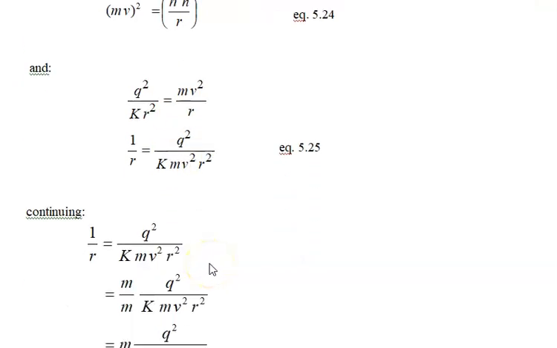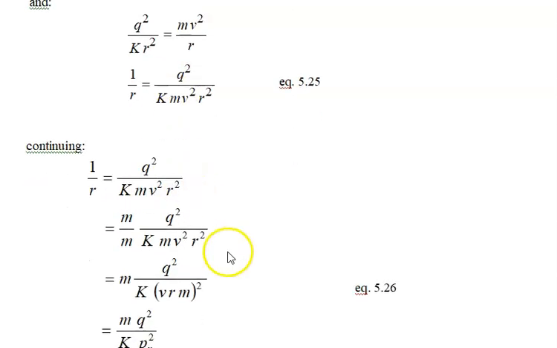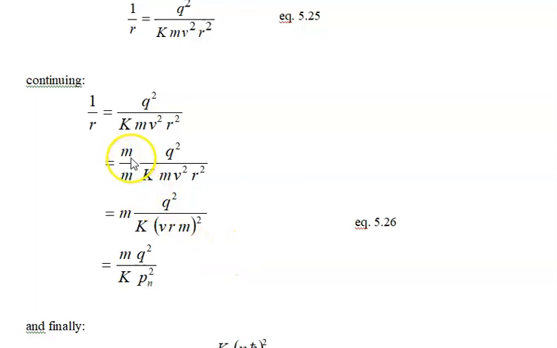Okay, so now what do we do here? We write this equation again, and we multiply and divide by m over m, bringing this m in. So now we have mvr all squared, which of course is the angular momentum, and we have this extra m, which appears in the numerator.